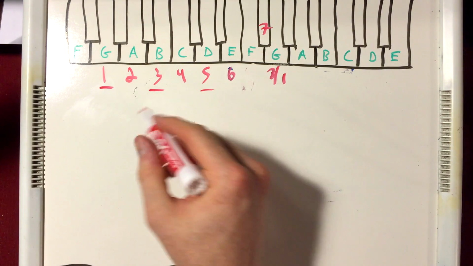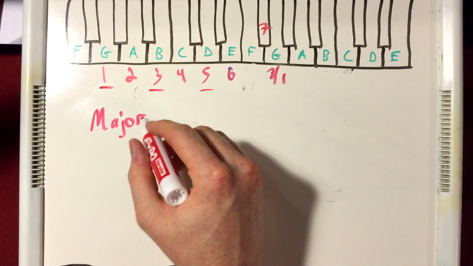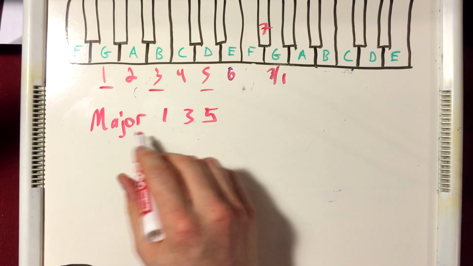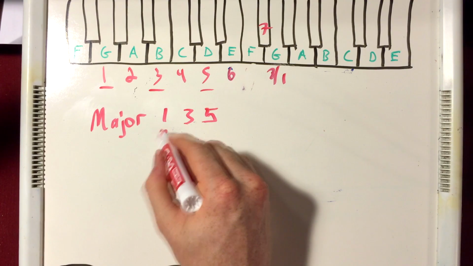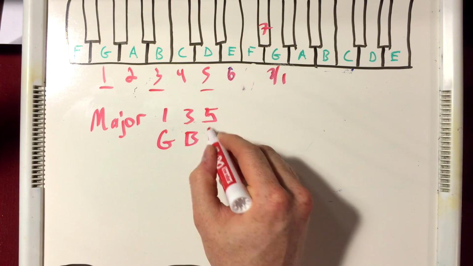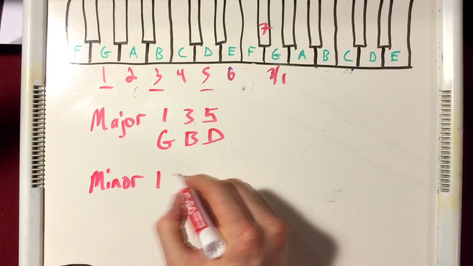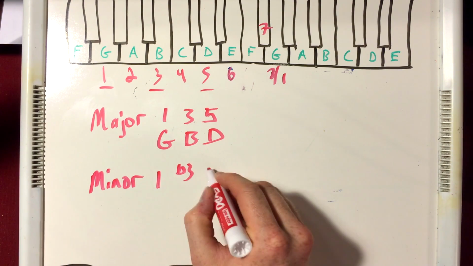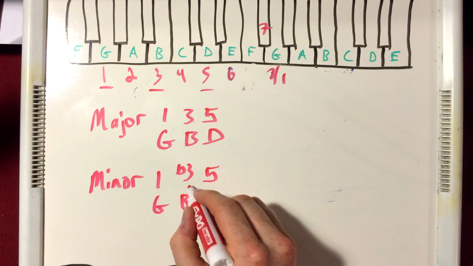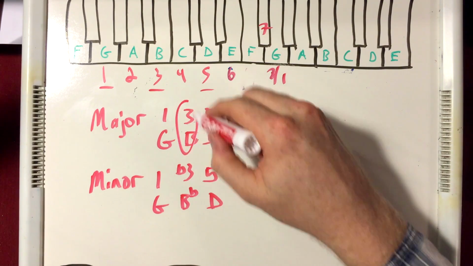So a major chord, the G major, is going to be 1, 3, 5, which is G, B, and D. Pretty simple, right? Our minor is going to be our 1, flat 3, and 5. So we have G, B flat, and D. There you go. The only difference again is this right here.